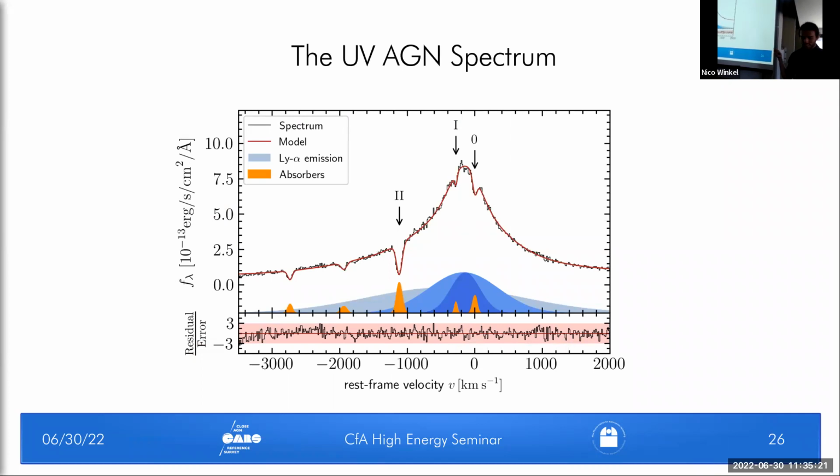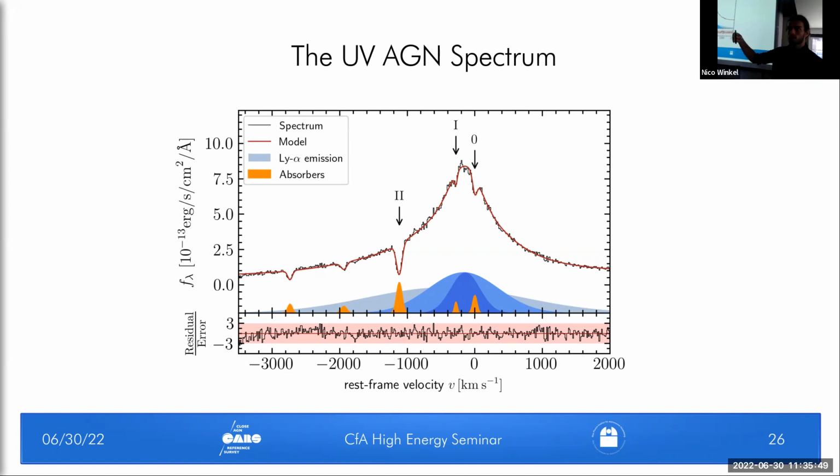There is not only an outflow that we see in the ionized gas emission, but also in Lyman alpha absorption. So there's this archival HST STIS spectrum, which I show you here. We've used multiple Gaussian components to produce the line shape here. And you see that on top of the Lyman alpha emission, there are several absorbing features. The most blueshifted ones here are not belonging to the host galaxy.